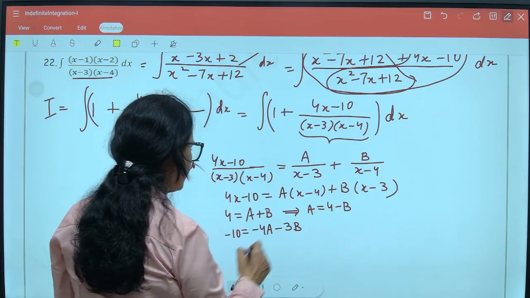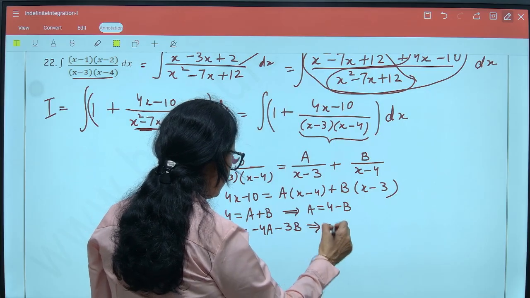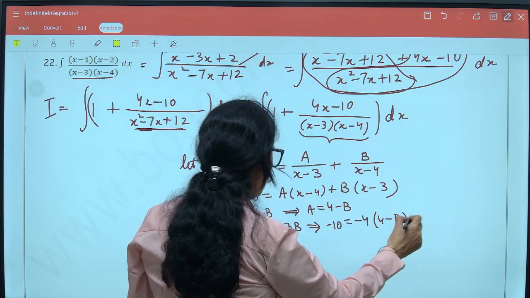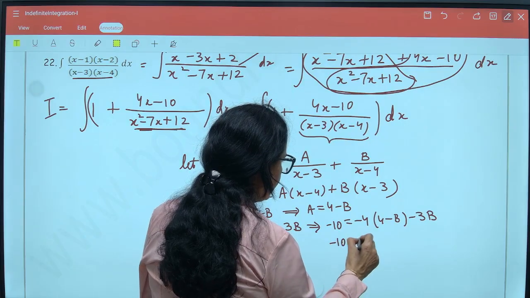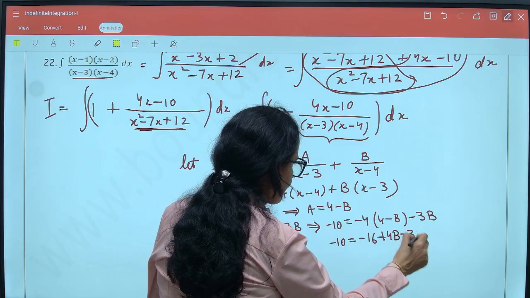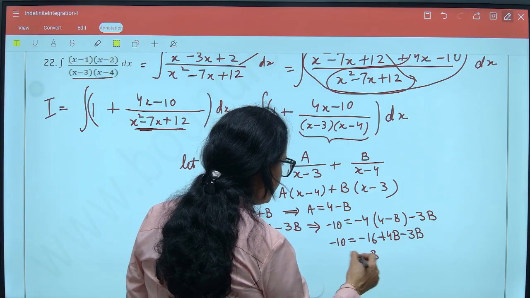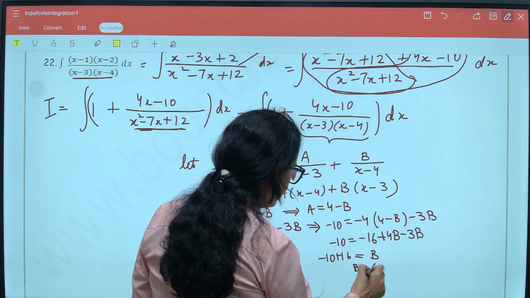If I substitute a as 4 minus b in the second equation, I get minus 10 equals minus 4 into 4 minus b, minus 3b. So just simplify it and get the values. 4 minus 3 is 1, b, so that means b is minus 10 plus 16, so the value of b comes out to be 6.